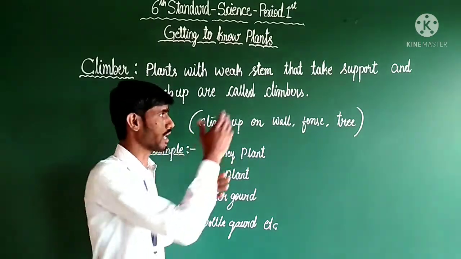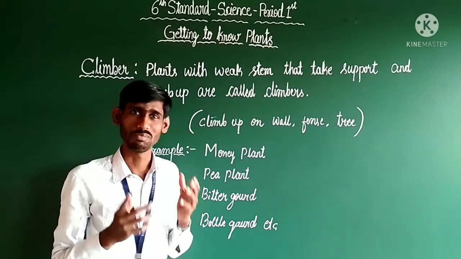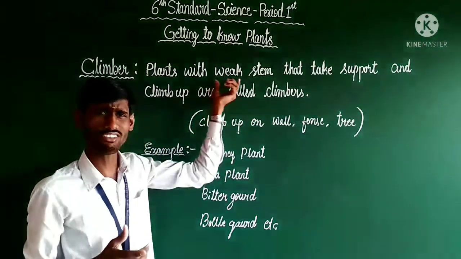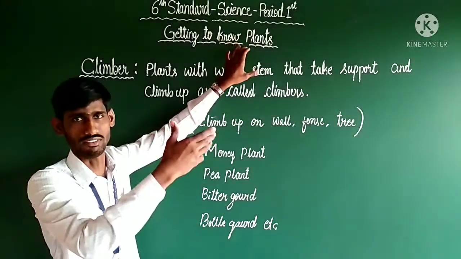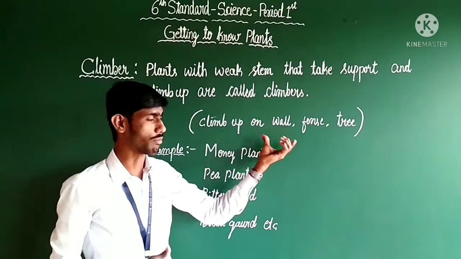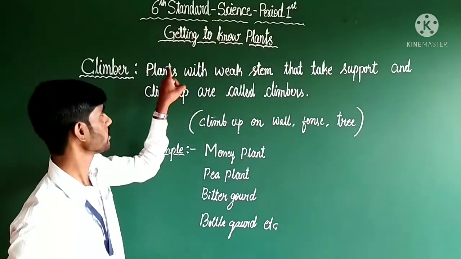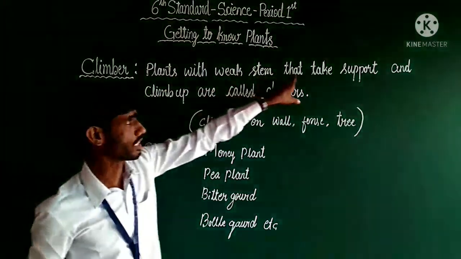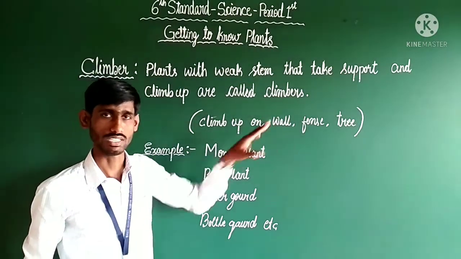The plants take help of neighboring structures and climb up. Why do they climb up? Because these plants have a weak stem. It can't climb by itself. So that's why these plants take the help of neighboring structures, because of the weak stem. Okay. Once again, plants with a weak stem that take support and climb up are called climbers.